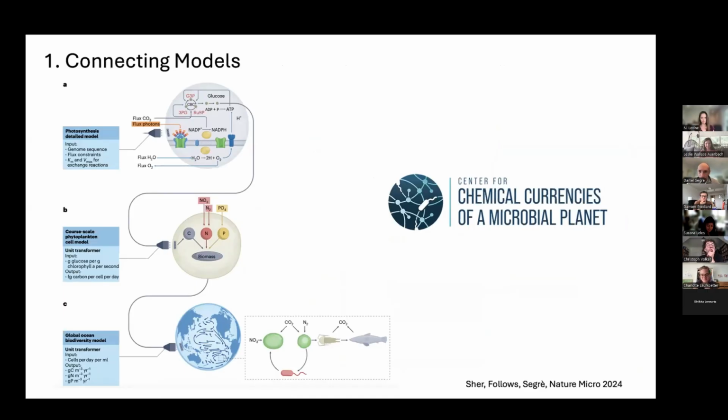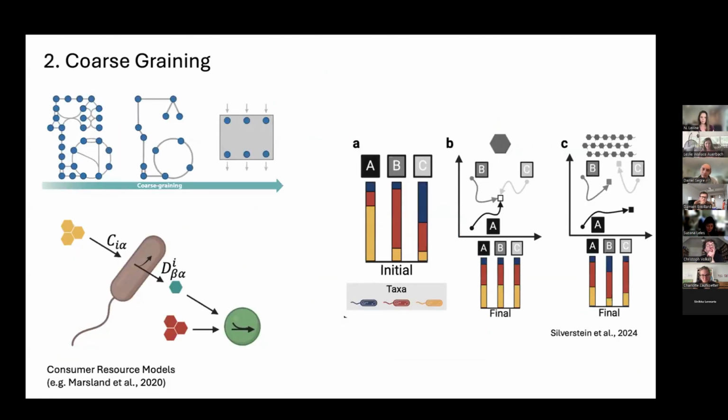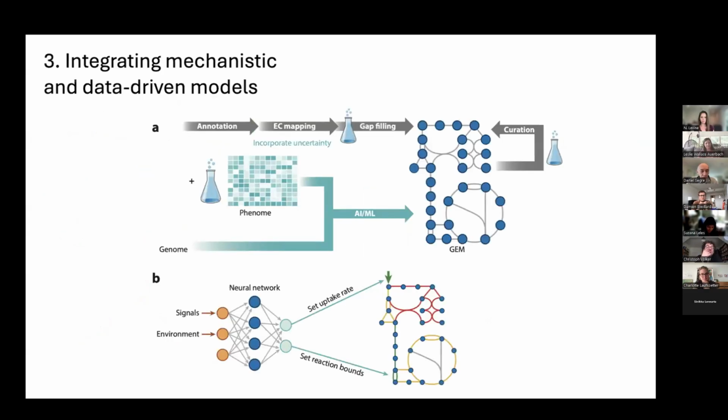Plug and play ways of having plug and play between models, coarse graining genome scale models, I think can be coarse grained to less detailed models, including consumer resource models, where there is very little detail, but one can extend to many, many species. Integration of AI with mechanistic models, especially phenotypic data, I think has a lot of importance.